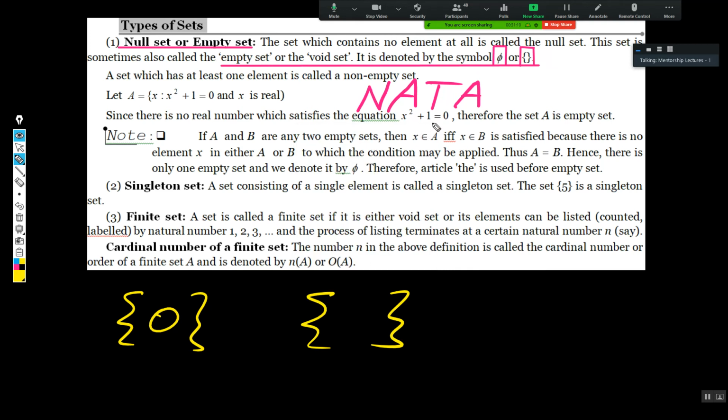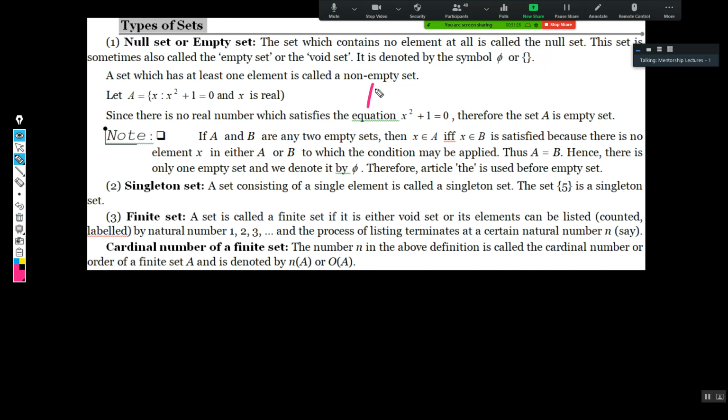Okay. So now, the number of students in your class appearing for NEET is a null set. If I ask you in your class, how many of you are appearing for NEET? There are some 47 students in your section.